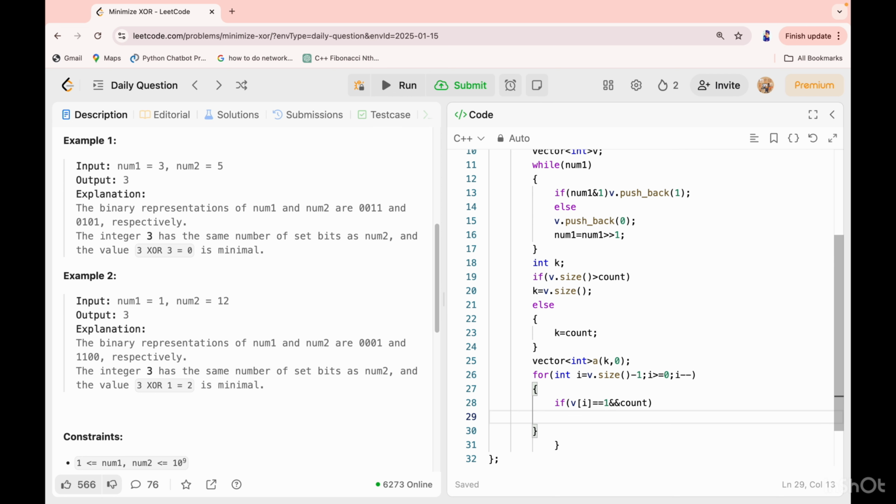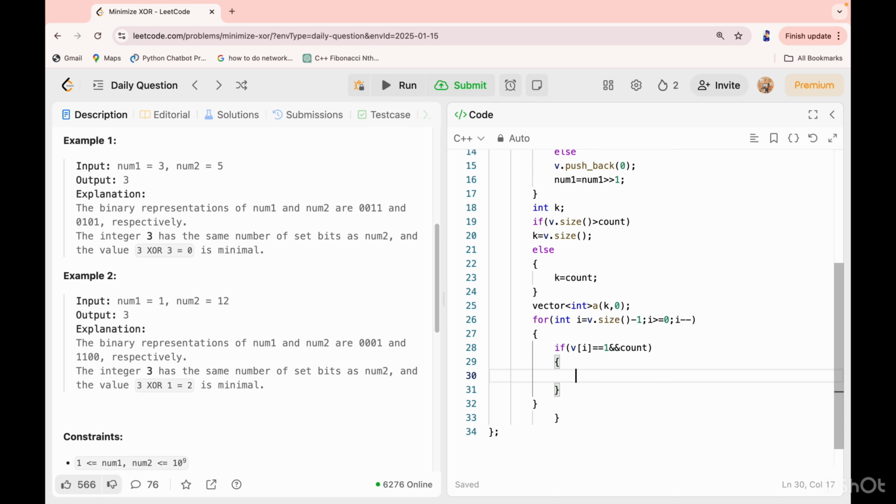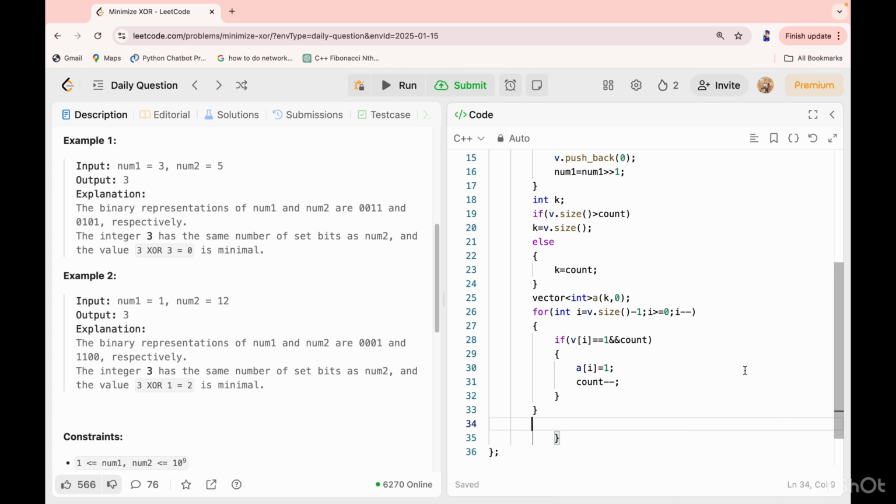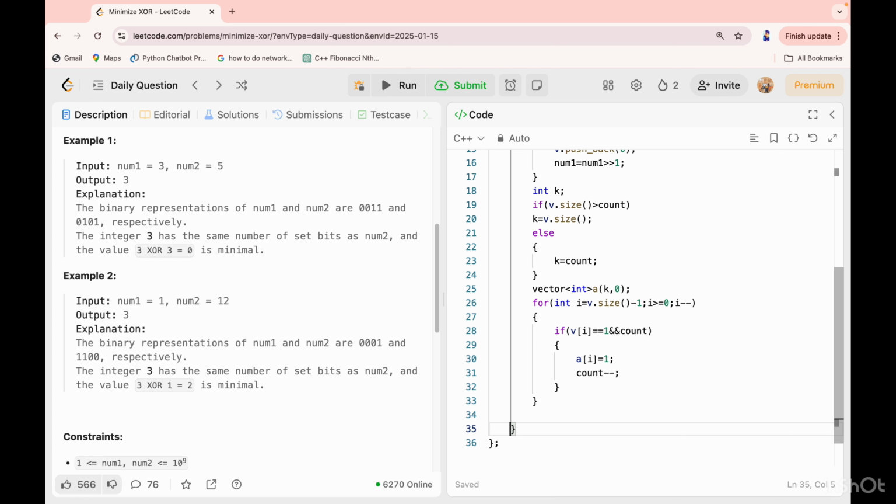If count is not existing, we don't have to forward this loop. If both of these conditions are true, we will mark a of that index in this vector a as 1. Okay, and we will reduce our count because we have used one of the set bit.